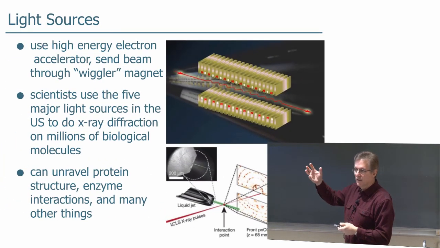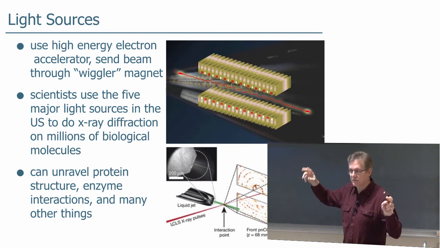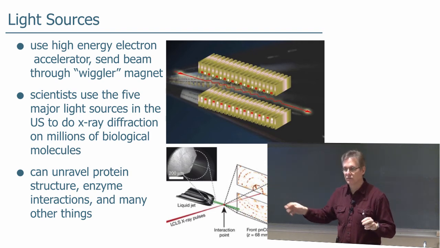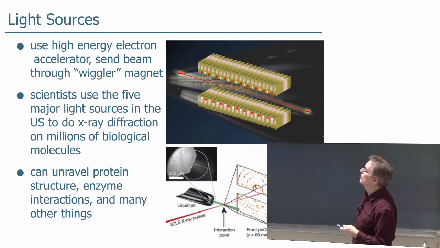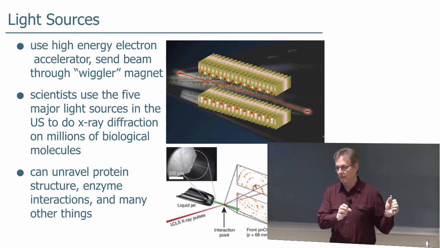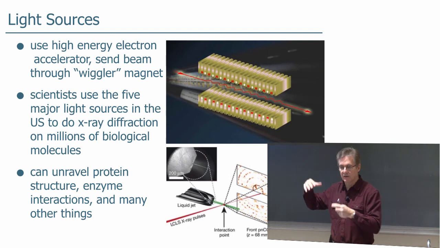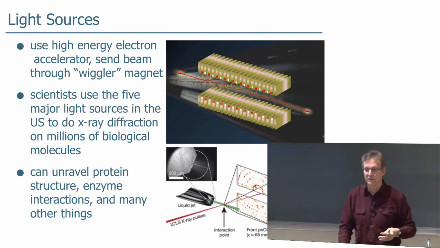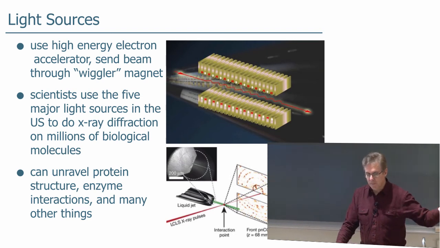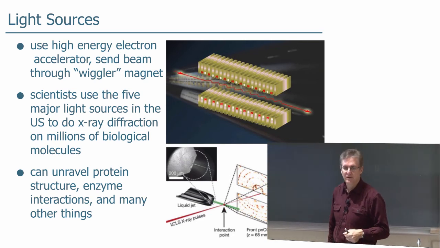If you go to places like Stanford and Berkeley, where they have two of the biggest of what we call light sources, but in this case the light is X-rays and the source is a particle accelerator, they have an automated system to put in a sample, shoot it with X-rays, move in the next one, and collect the data automatically. The data are sent to a big processing farm, and you put your sample on the conveyor belt, and eventually your data comes back to you sometime later.